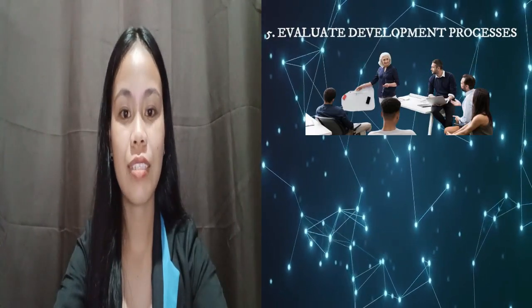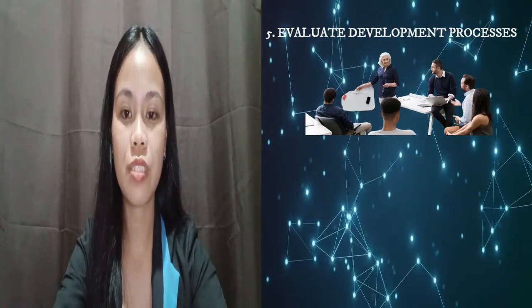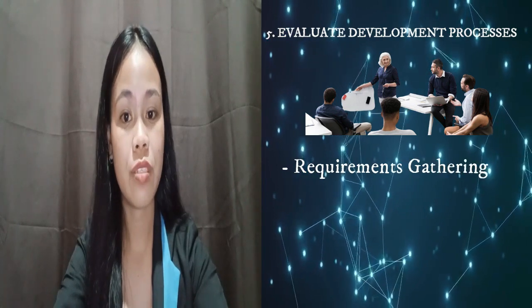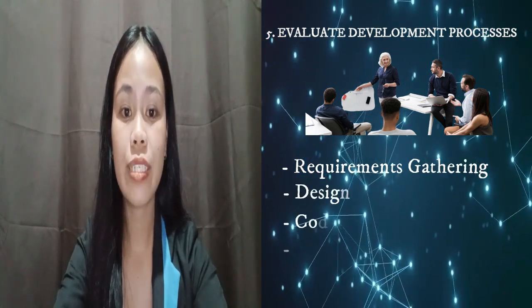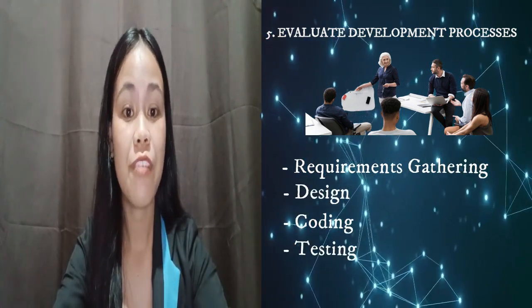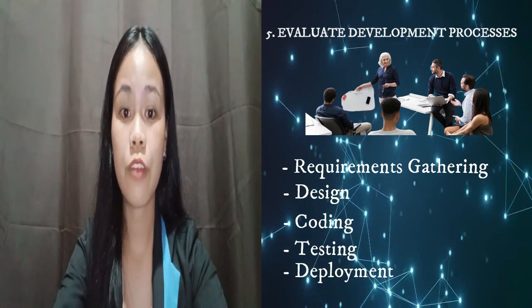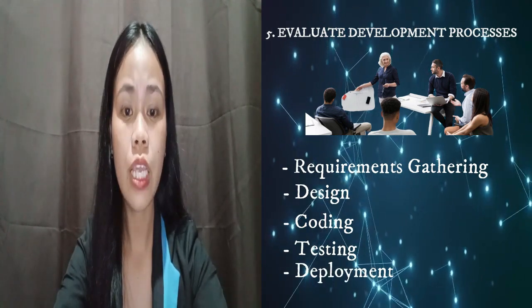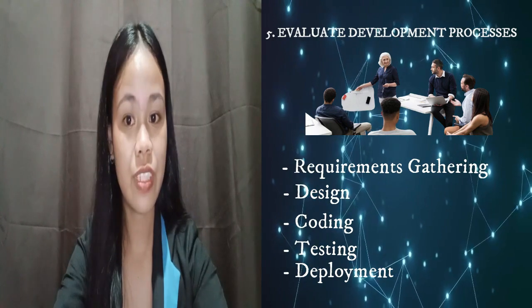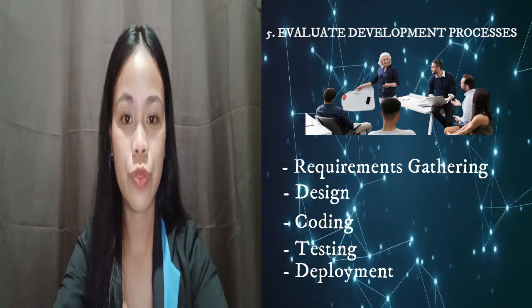Next, evaluate development processes. Assess the effectiveness of development processes, including requirements gathering, design, coding, testing, and deployment. Evaluate whether these processes are followed consistently, whether they meet the project objectives, and whether they comply with industry best practices and standards.